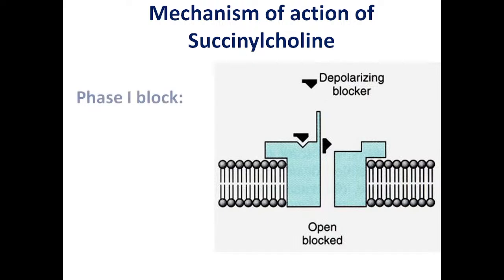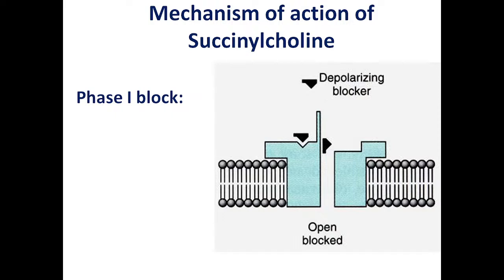So it binds at the same receptor as acetylcholine, and the receptor is open as you can see, but it is blocked. Why? Initially there will be stimulation, and clinically there could be fasciculations in the beginning, but ultimately it gets blocked.